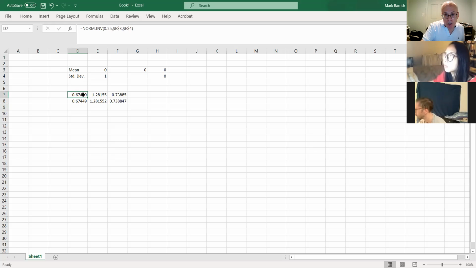The answers that we get here are Z-scores. They tell us how many standard deviations we're away from the mean. Now remember, for a standard normal, the mean is 0. So when you get negative 0.675, or 674, that means you are approximately 3/4 of a standard deviation to the left of the mean.